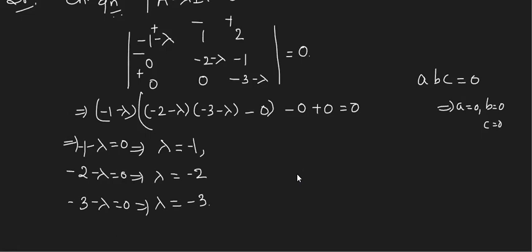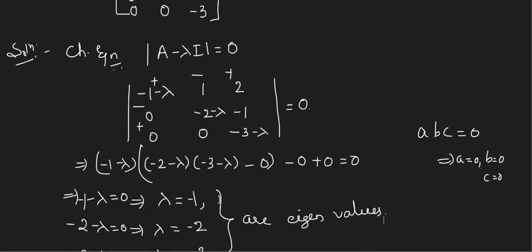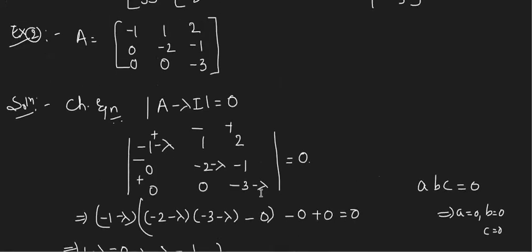What is the advantage here? These are the eigenvalues. Just compare this with the given A. Can you observe something over here? The diagonal values.